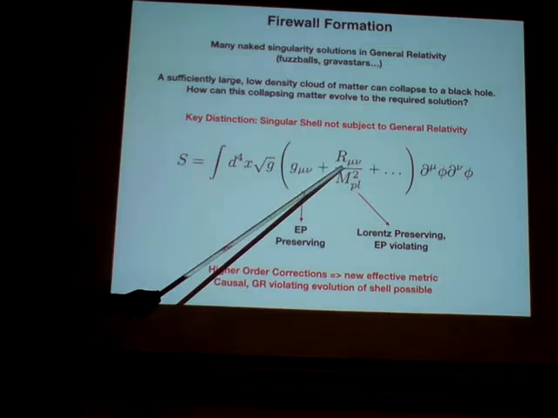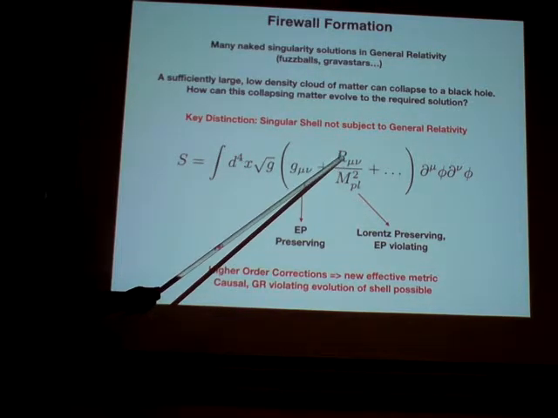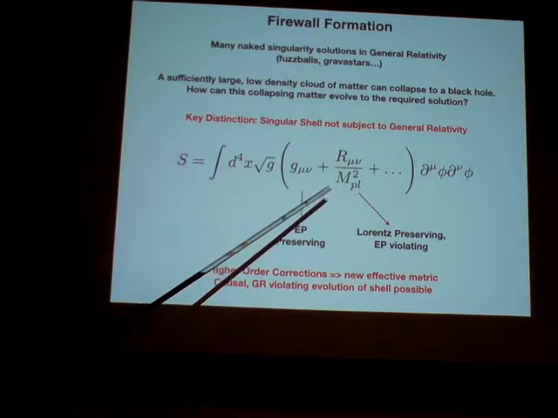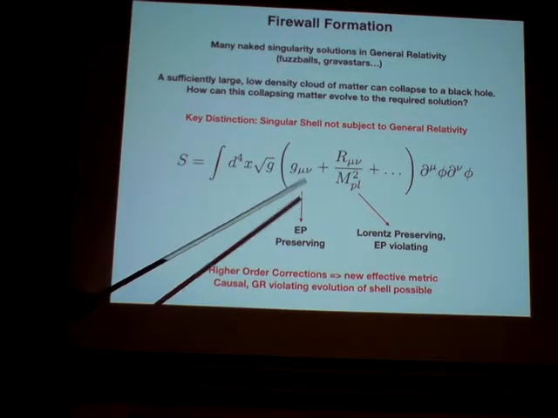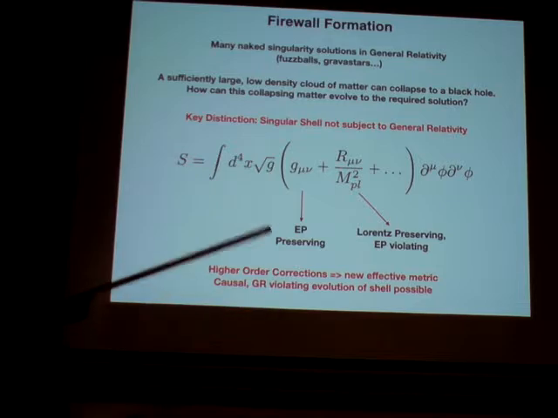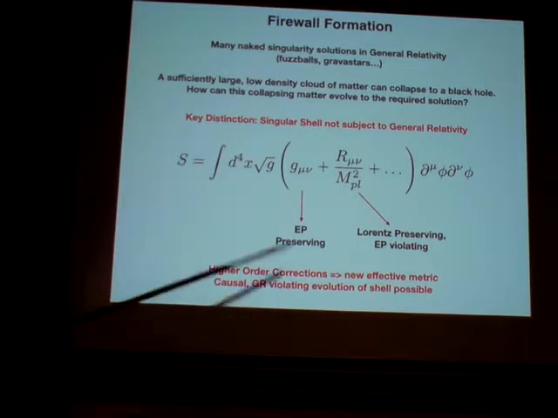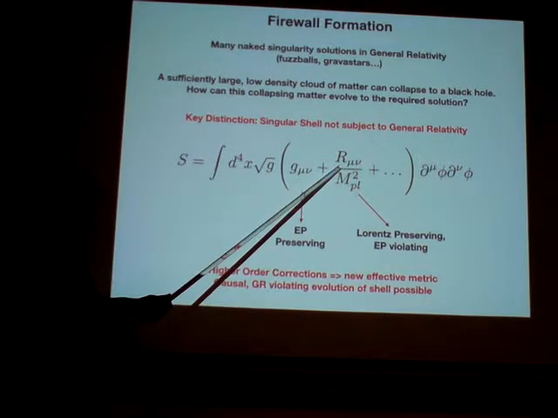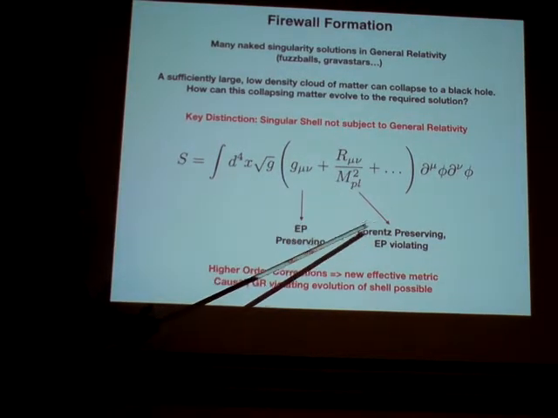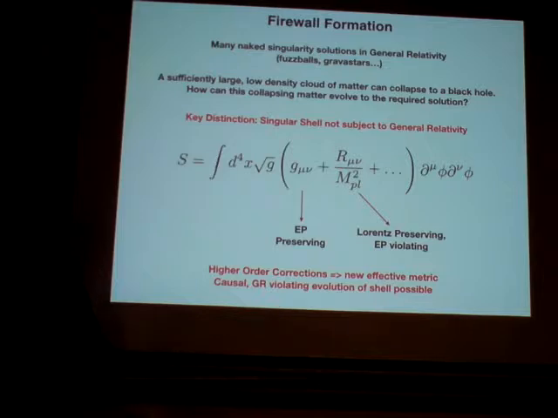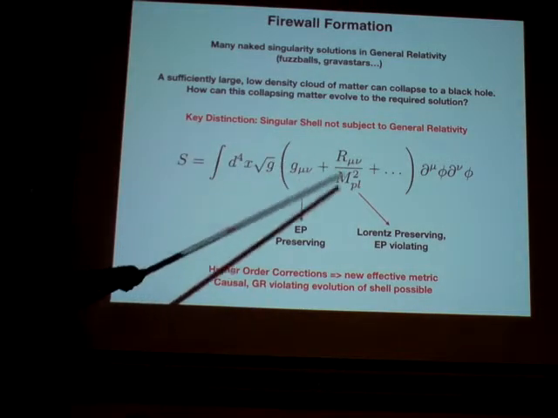Usually these terms don't matter, they're too small. And when they're too small, the causal motion of the shell will be dictated entirely by the GR metric. Okay? But in my specific solutions, if you notice, these are solutions where things are singular, which means this parameter is actually big. And when that parameter is big, the effective metric that this guy will see will be different from that of GR, because I don't have a theory for what that metric is.